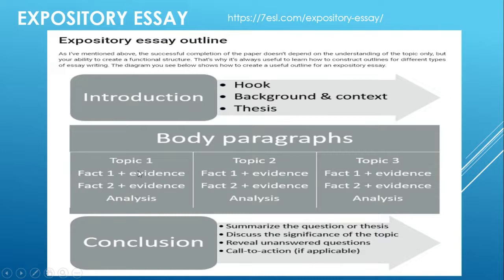You can have your topic 1, say you have advantages and disadvantages. So you might start talking about the advantages of something. And then in your topic 2, you might jump to your disadvantages and provide the evidence and the details that you need to show what the disadvantages are.